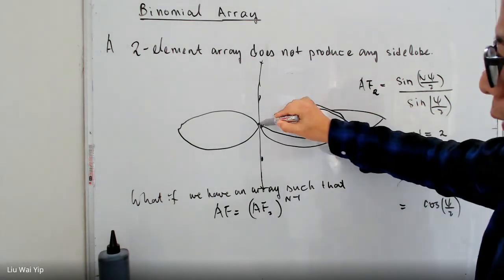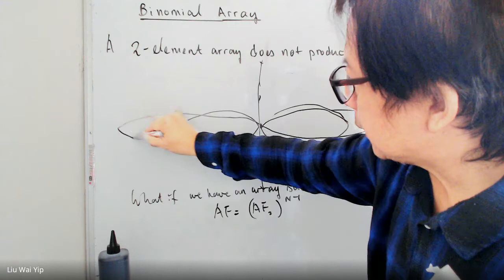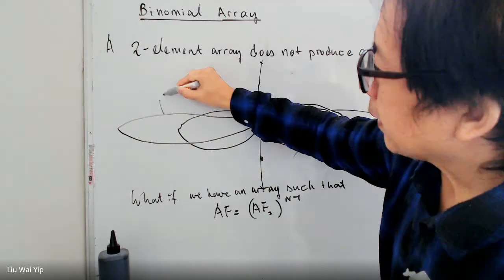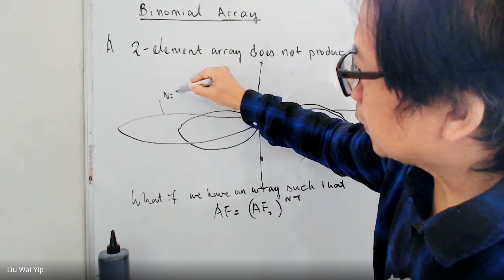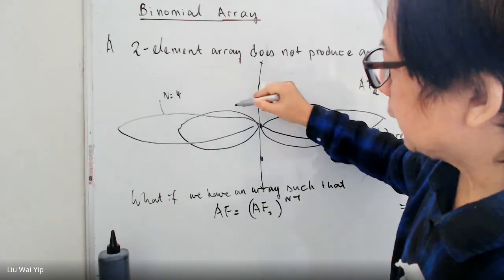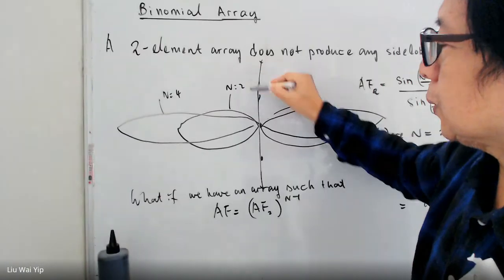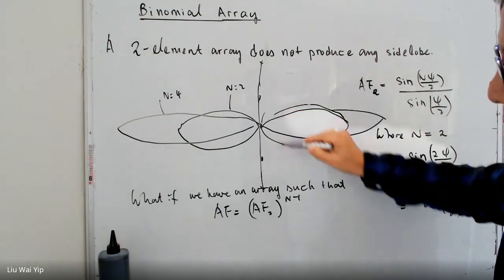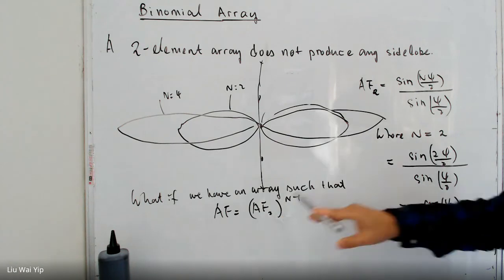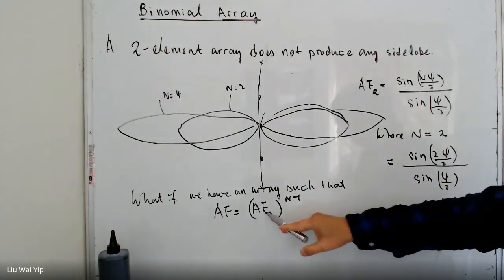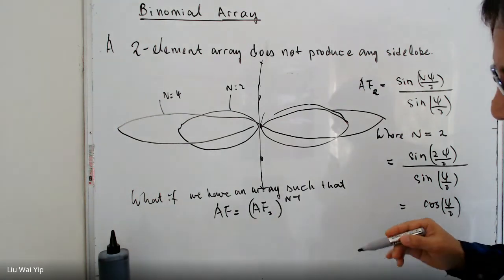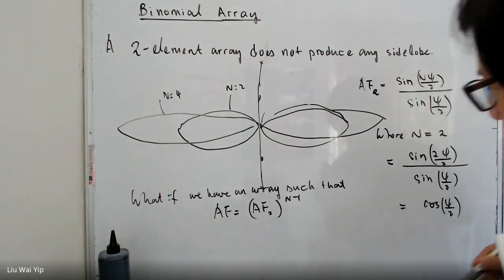So this is the new one, and this one is n equals to 4. And this one is n equals to 2. But you will not see any side lobe here because of the mathematical nature of this array function, the array factor.